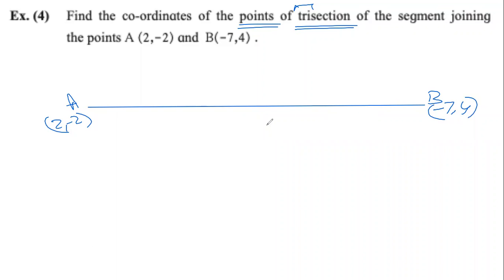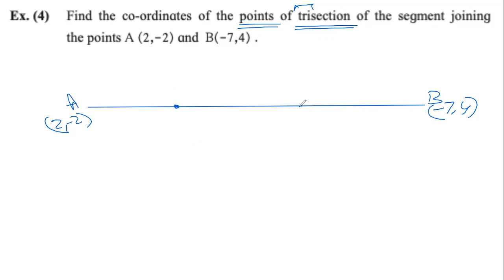If the question was about bisection, we would have found this point, but that is not the question. Now it says trisection, 3 equal parts. Suppose these are the 2 points. We can say that P and Q trisect the line segment AB if and only if AP equals PQ equals BQ.